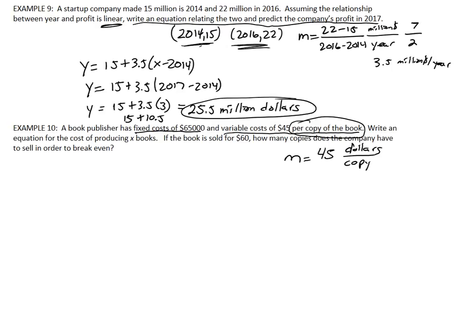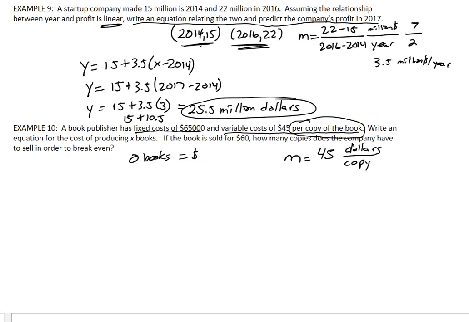Now then, it also says there's fixed costs, which means they have to pay that no matter how many books they print. Whether they print 100 books or 1,000 books or 10,000 books, they have to start out by paying $65,000. So that's what they pay before they print a single book. Even if they print 0 books, 0 books would cost $65,000.